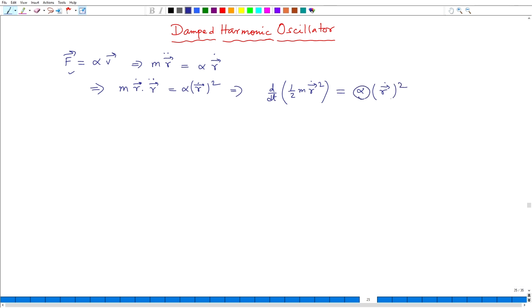Now, if I choose alpha to be less than 0, then this is always less than 0, and so it guarantees that the total kinetic energy of your system decreases.